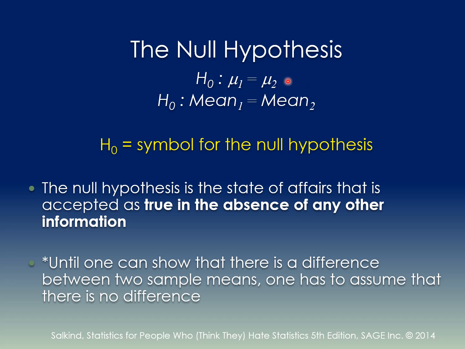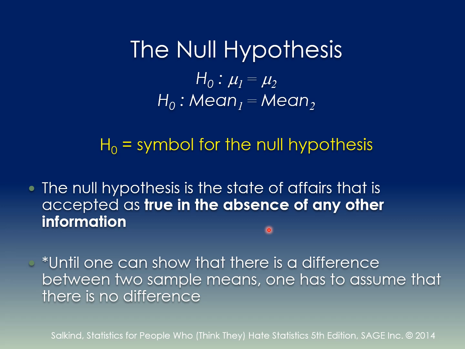You'll see it expressed in the textbook as H0: mu 1 equals mu 2. This is the population mean. Don't worry about that right now, because remember, we are doing inference. We go from sample to inference, and this is why we use the symbol for the population mean and not an X bar when we're explaining the null hypothesis. But it's still the same. Mean 1 is going to be equal to mean 2. And then we actually use statistics to disprove that.